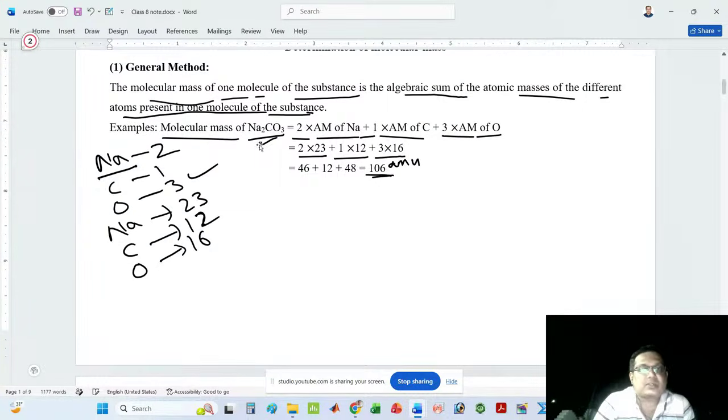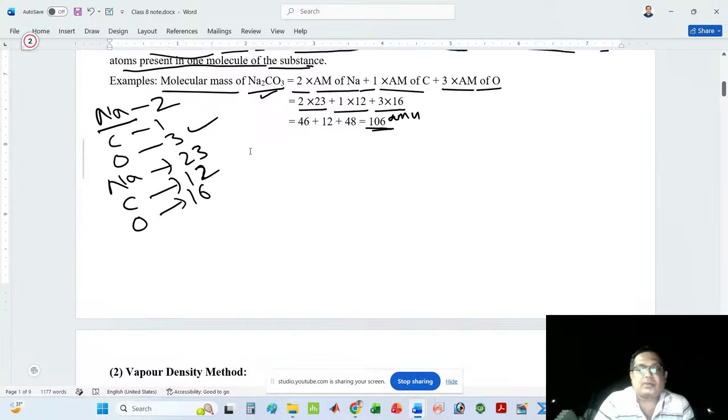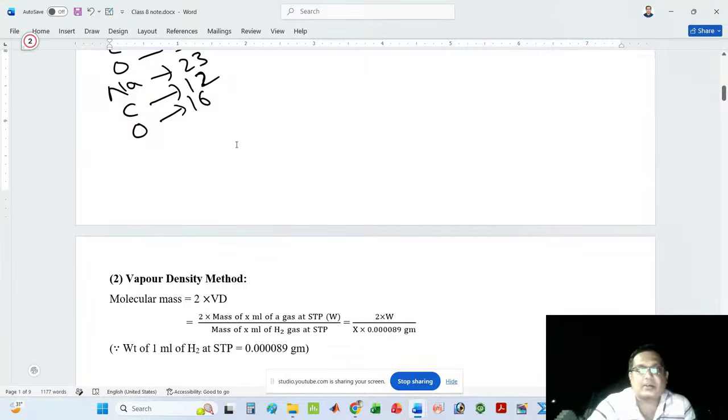Next, take another example. Suppose you aim to find the molecular mass of glucose.